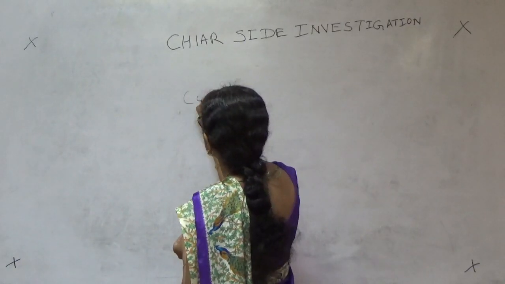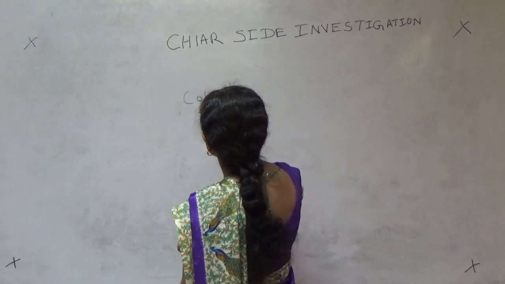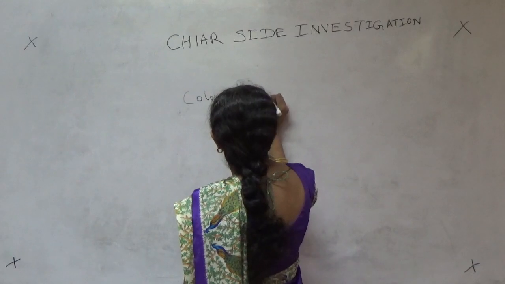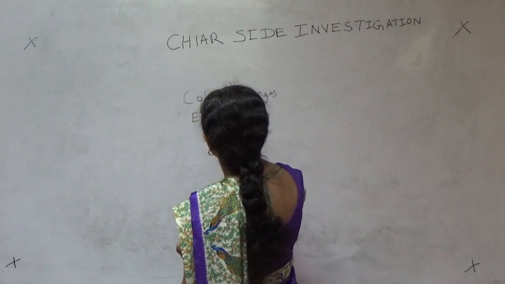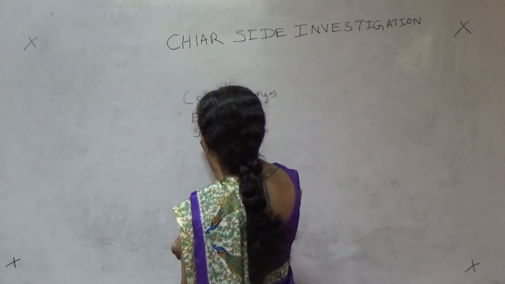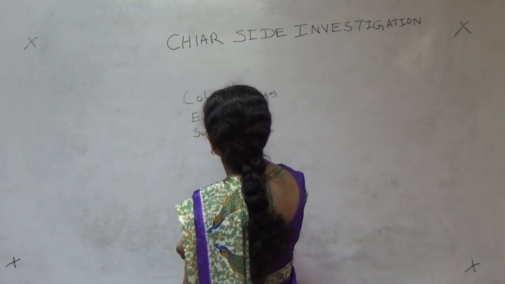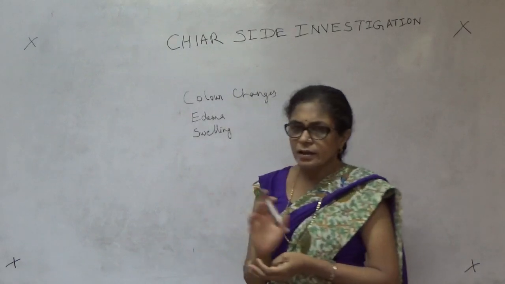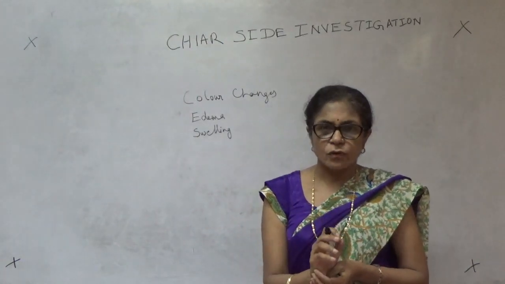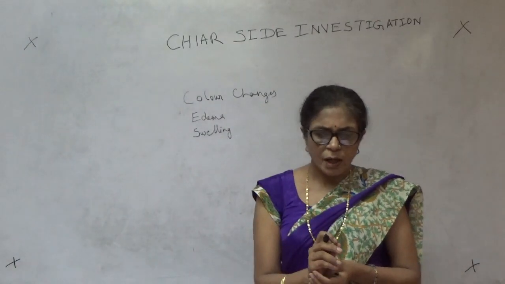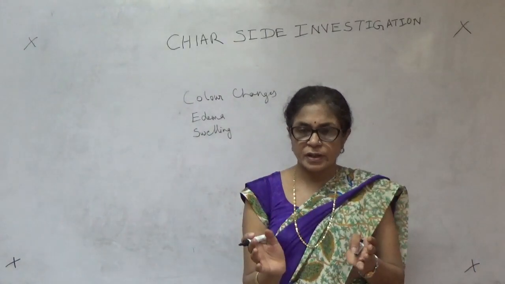So we see color changes, edema, and swelling. We also see the color of the mucous membrane and its thickness. But this is all visual inspection.